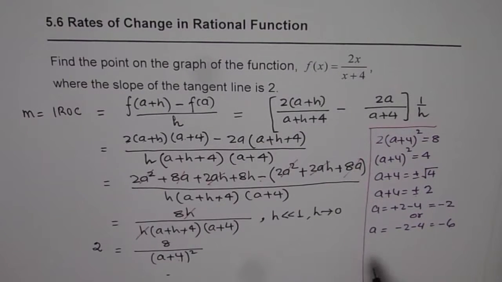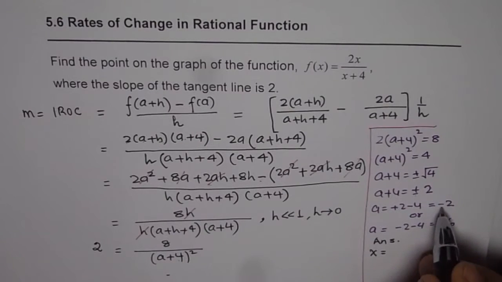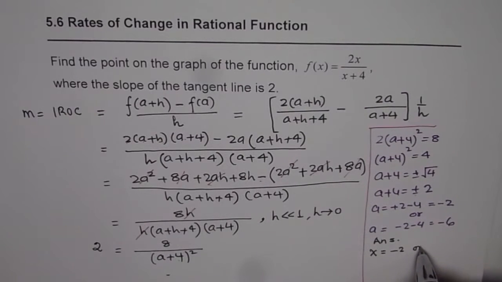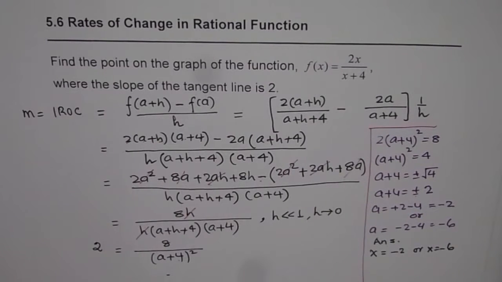So the x value, which we assumed to be a, could be either minus 2 or minus 6. So our answer is x equals minus 2 or x equals minus 6. So at that point, the slope of this tangent will be 2.